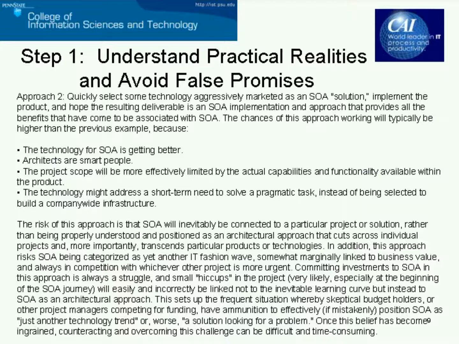Another approach, and this is what's typically done with IT organizations, is that they'll select a project for SOA implementation, aggressively market it as a SOA solution, and get it working, but not really plan a strategy around SOA evolution, and we'll talk about what this planning involves. And oftentimes, SOA gets attributed to a particular type of solution in this case.